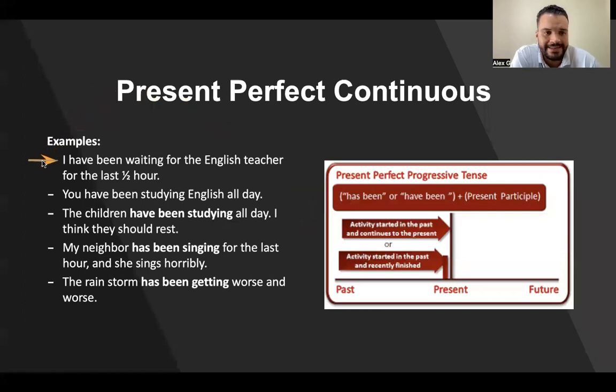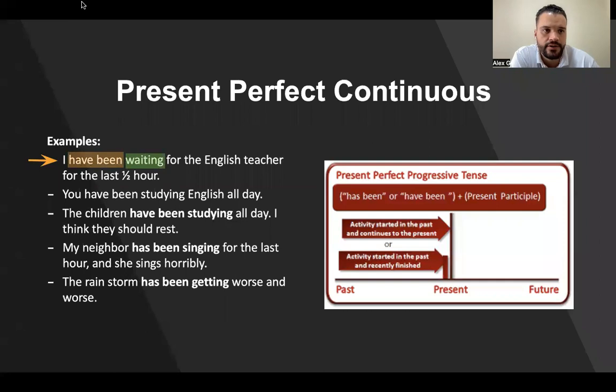The first one is, I have been waiting for the English teacher for the last half an hour. So, as you can see, we have been because the subject is I, and then we have the continuous form of the verb, waiting, okay? I have been waiting.